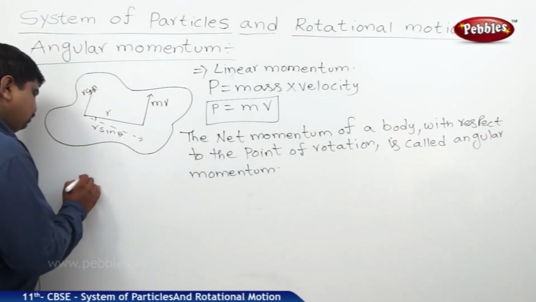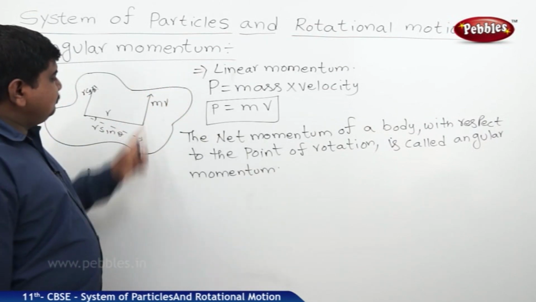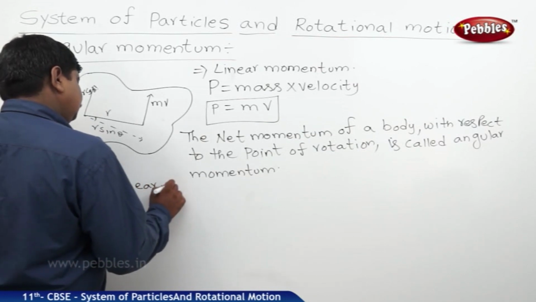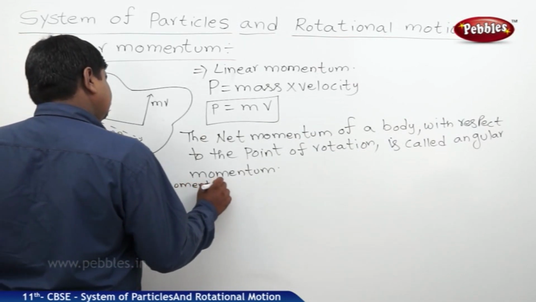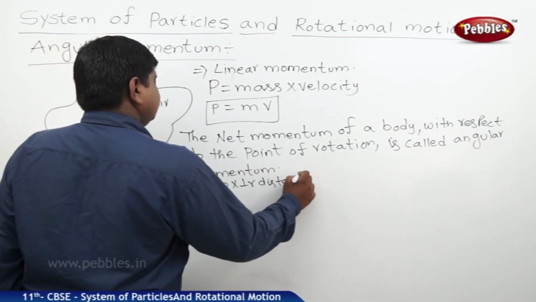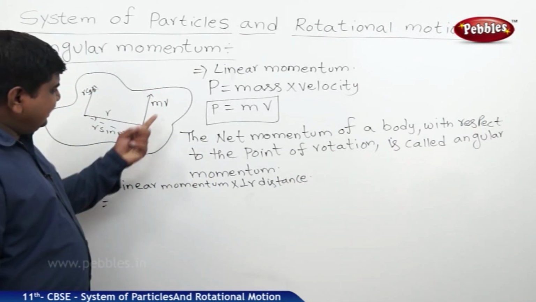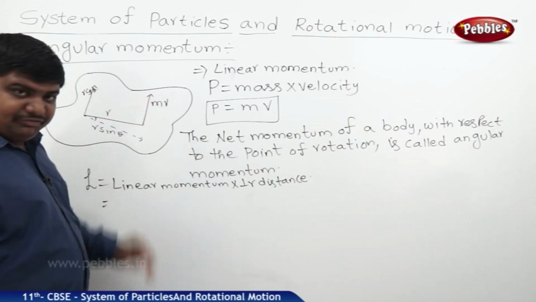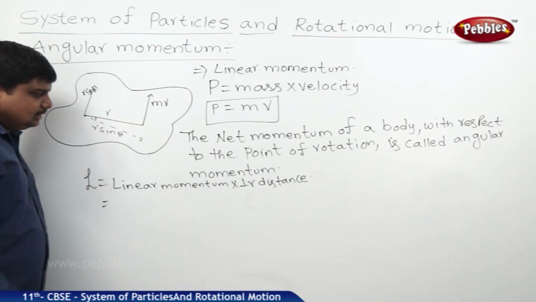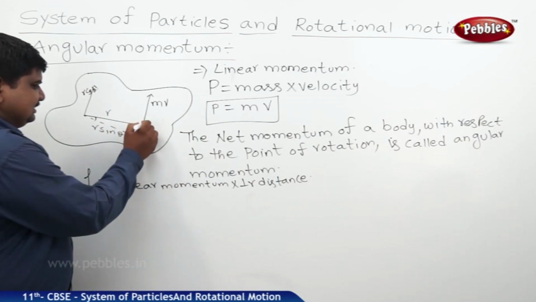So angular momentum L is equal to linear momentum into perpendicular distance. If you see the diagram, the body is rotating about a fixed point with momentum mv with respect to the position coordinate r, nothing but the position vector. Its perpendicular distance from the momentum is r sine theta, like this.